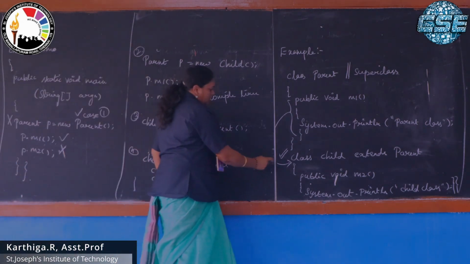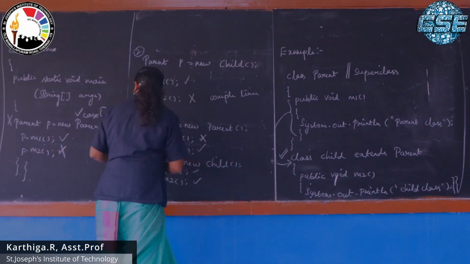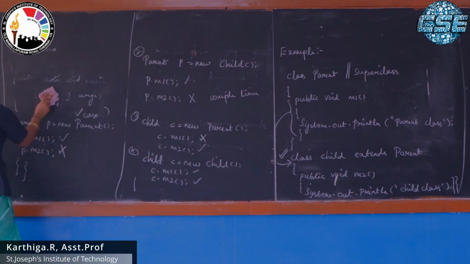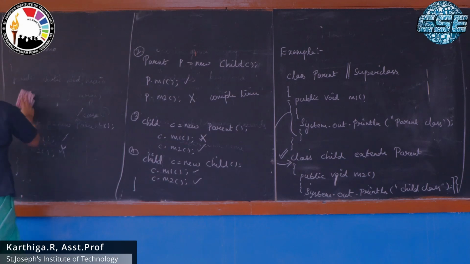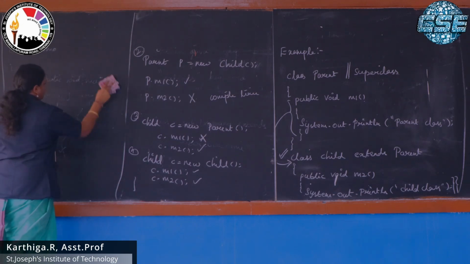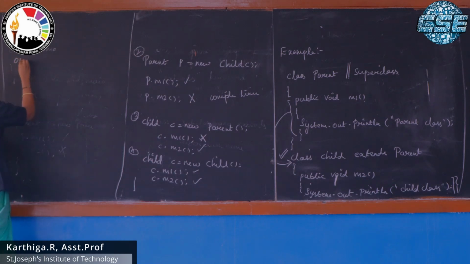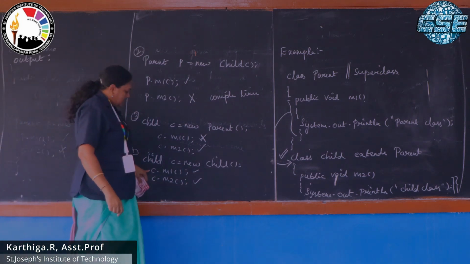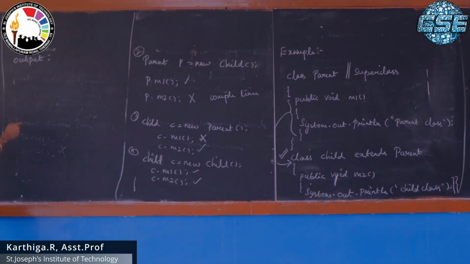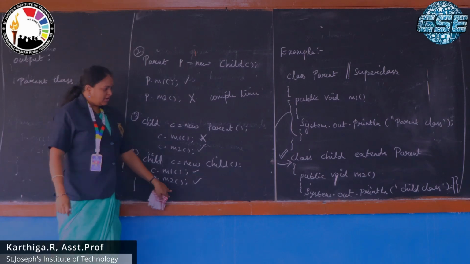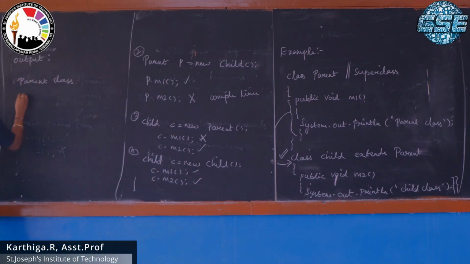For this program, the output will be: c.m1 gives the value of the parent class, and c.m2 gives the value of the child class.